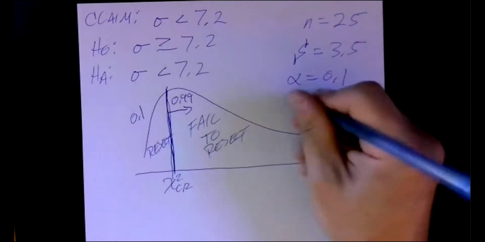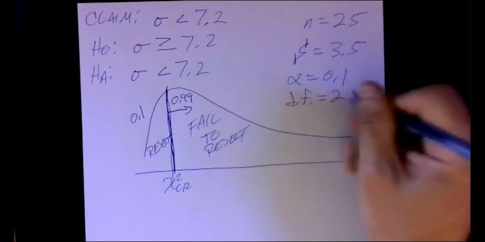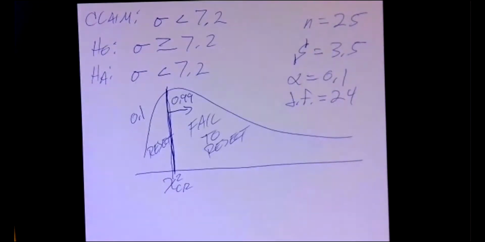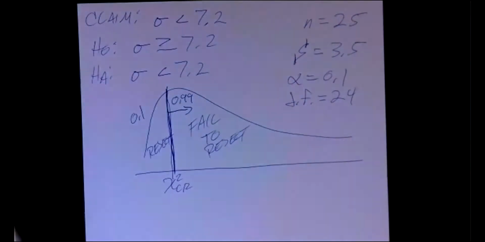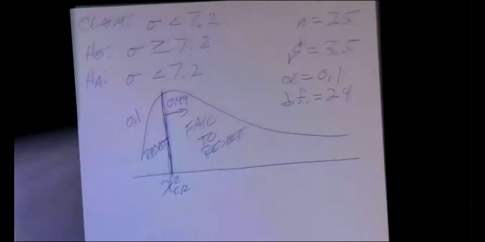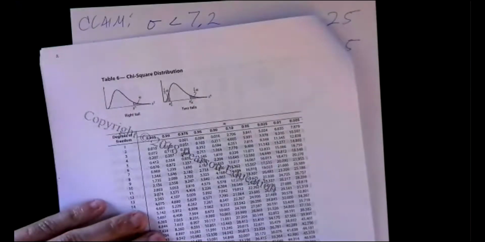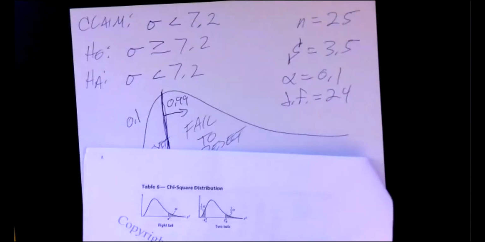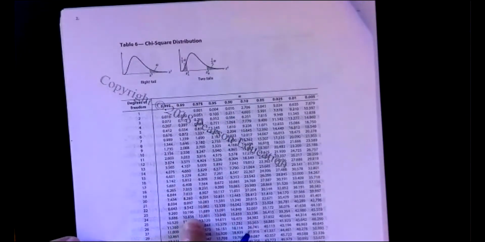N is 25, therefore degrees of freedom are 24. So we go to the table. We go to the 0.99 column and we go down to 24. 10.856.